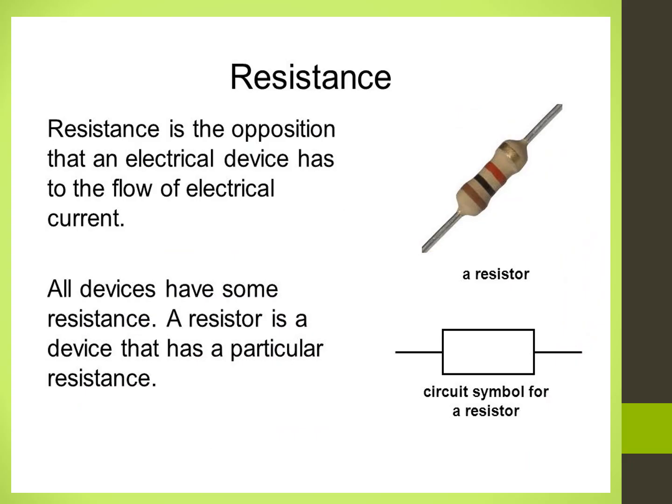Resistance. The resistance R is a measure of opposition offered by the component to the flow of electric current through it. Different electrical components offer different electrical resistance. What is resistance?